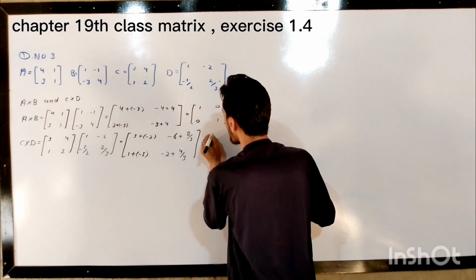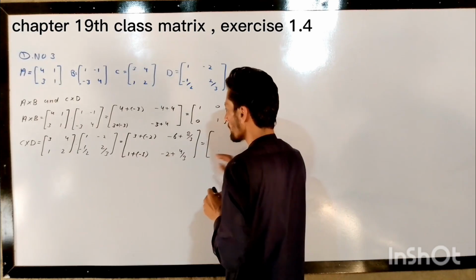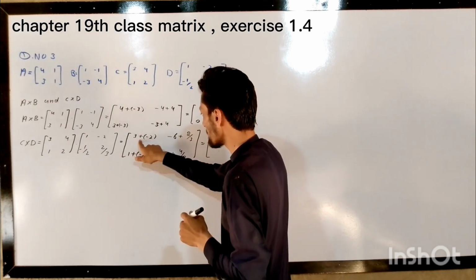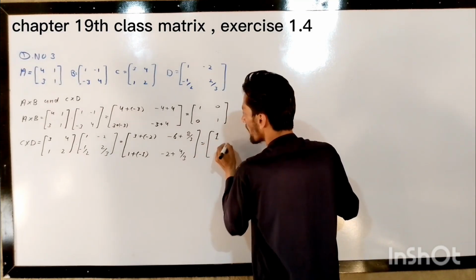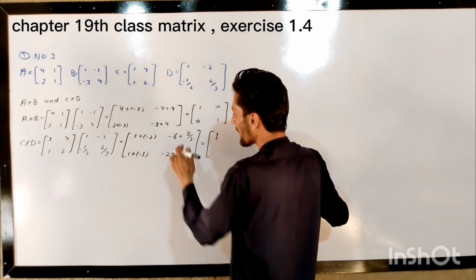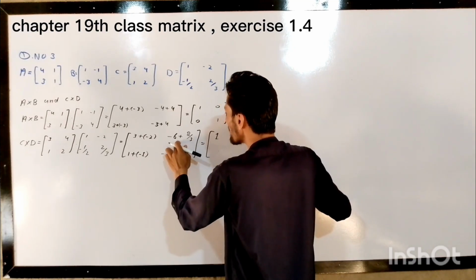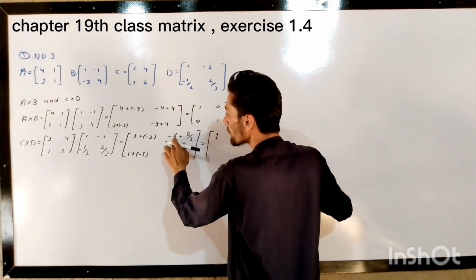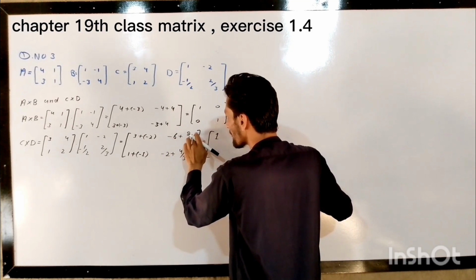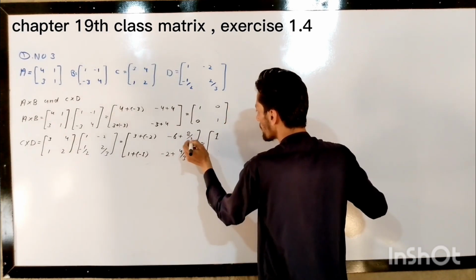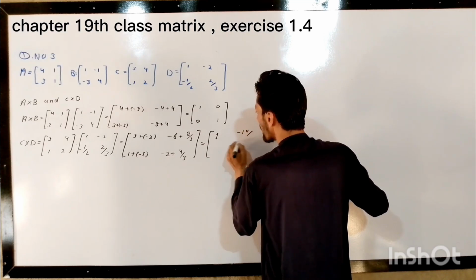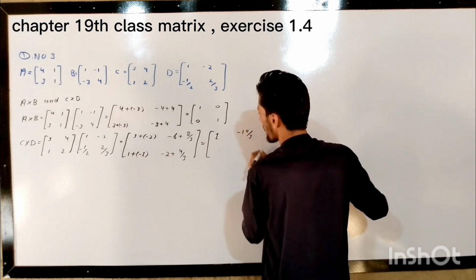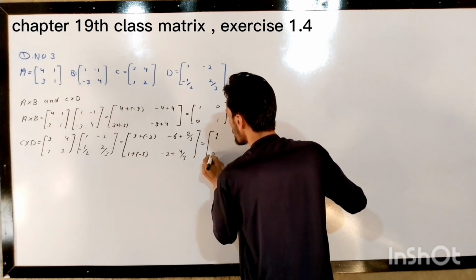So simplify it. After we simplify it, this will be equal to 3 minus 2, that is 1. Now if I take LCM, it will be 3 multiply 3 with 6, it will be equal to minus 18 plus 8. It will be equal to minus 10 divided by 3 and this will be equal to 0.